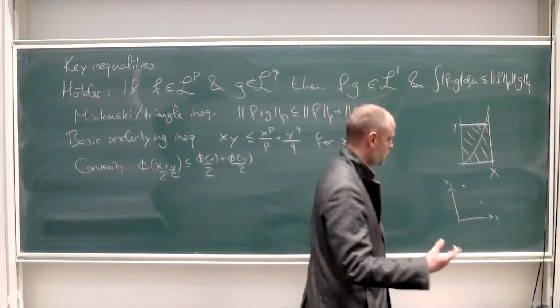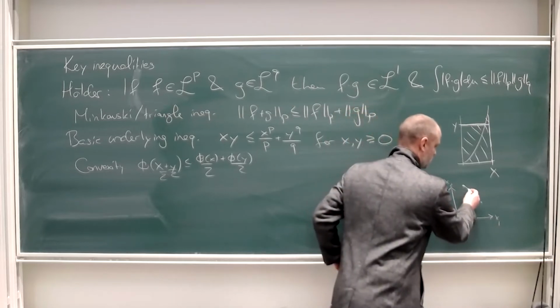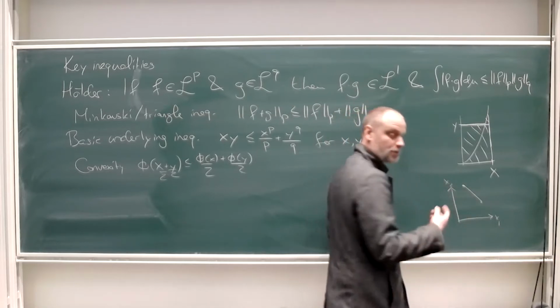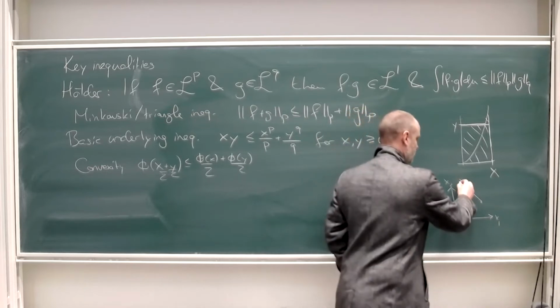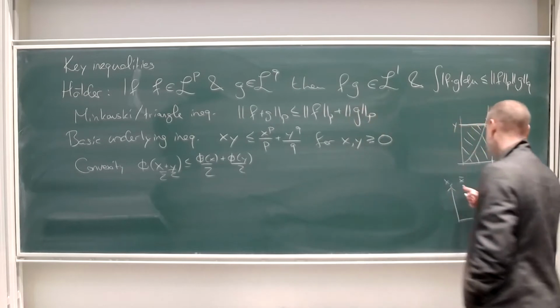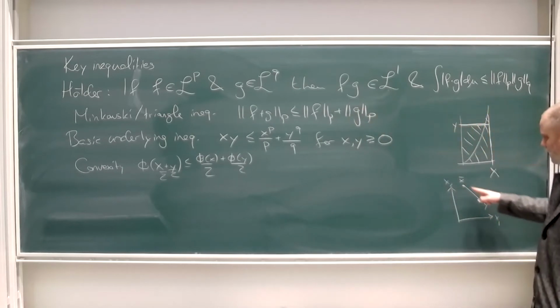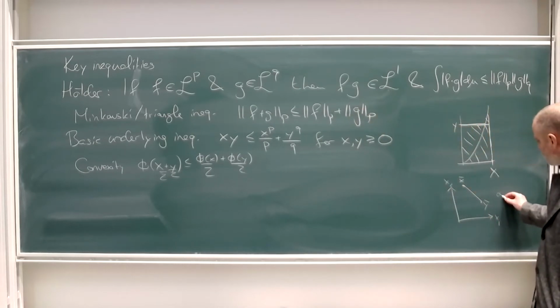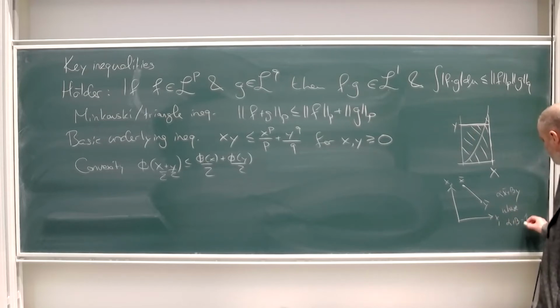If you have two points in a vector space, you can always look at the line between them, right? So if this is x and this is y, then any point on the line between them can be written as alpha x plus beta y, where alpha plus beta is equal to 1.